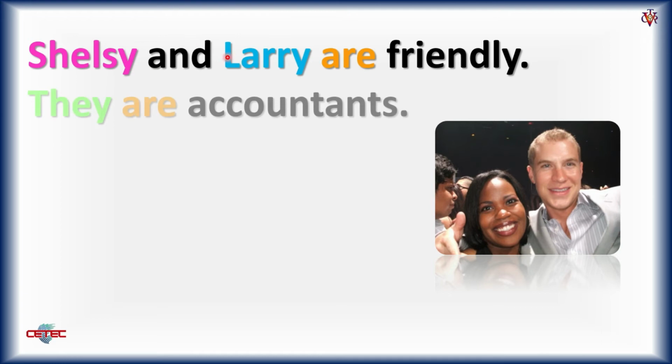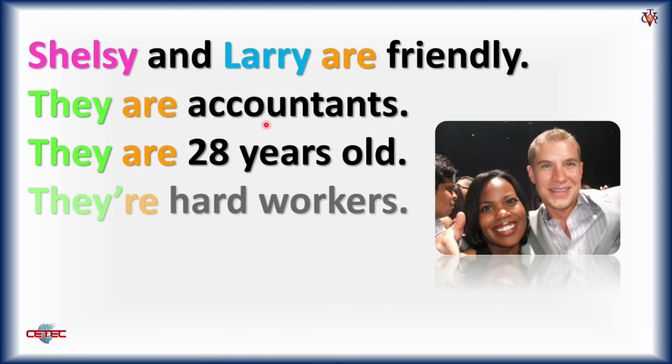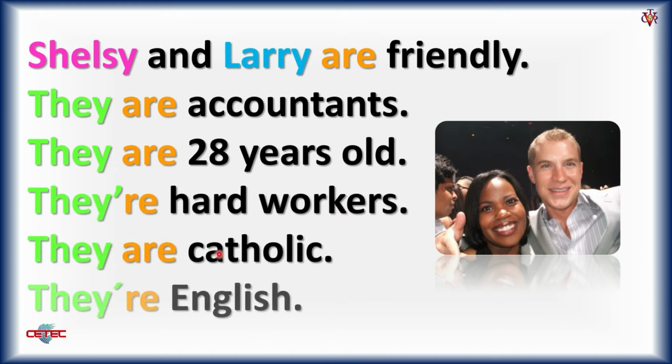Chelsea and Larry are friendly. They are accountants. They are 20 years old. They are hard workers. They are Catholic. They are English. These two people in one sentence. Here they use the word they.